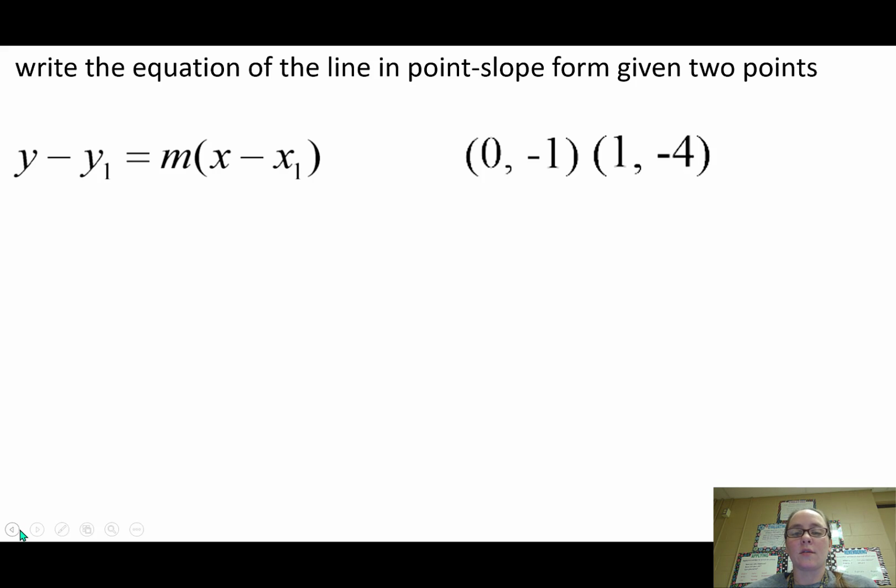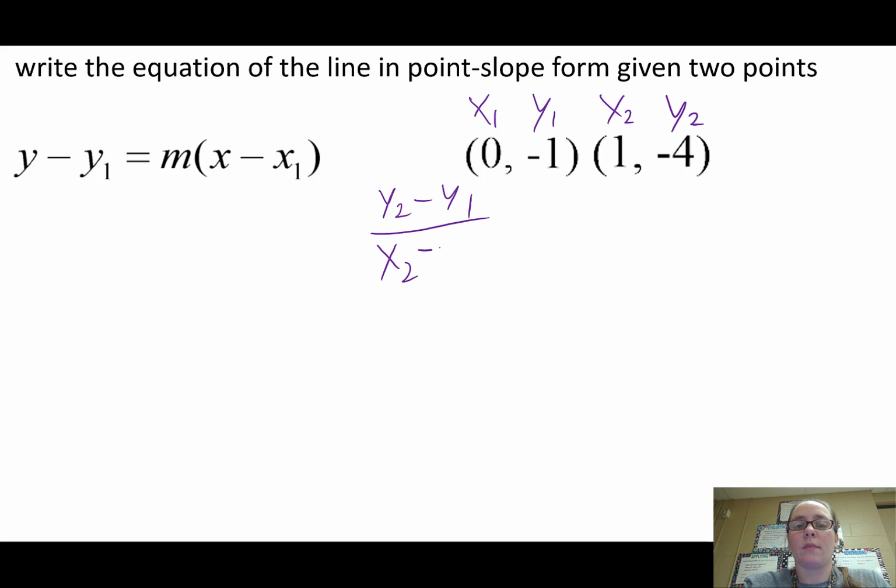All right, so let's do another one. So first thing I have to do on this is find my slope. So remember the formula is y2 minus y1 over x2 minus x1.